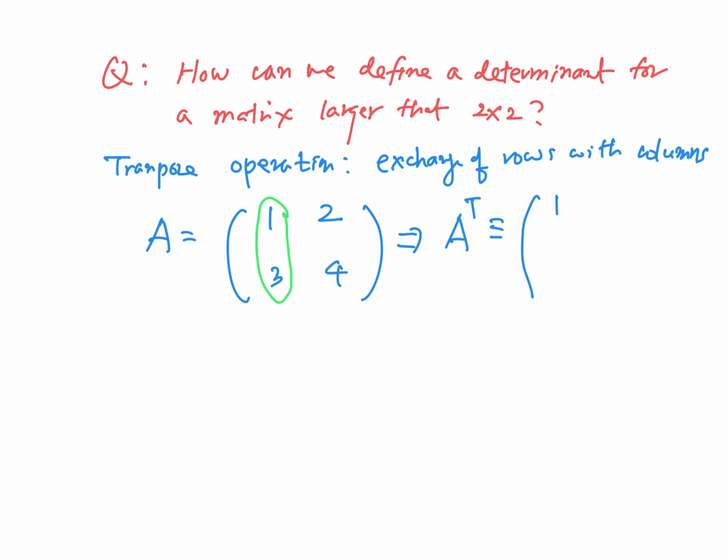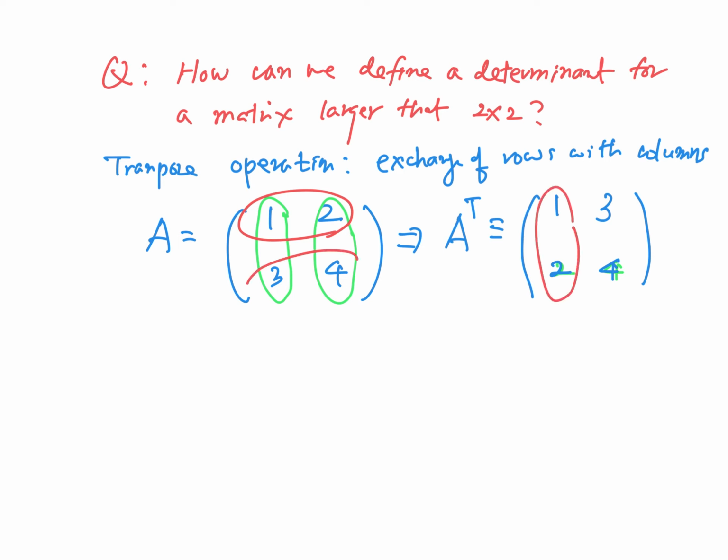So 1, 3. Second column becomes second row, 2, 4. Or you can regard this as the first row becomes first column. Same, right? Second row becomes second column. So anyway, you exchange a particular row with a particular column, or vice versa.